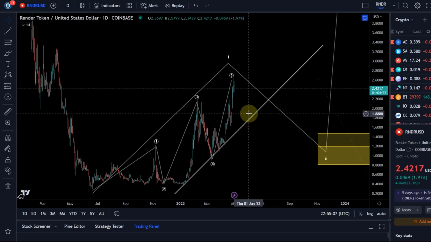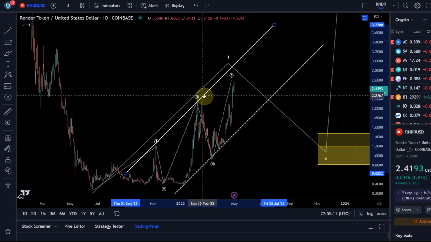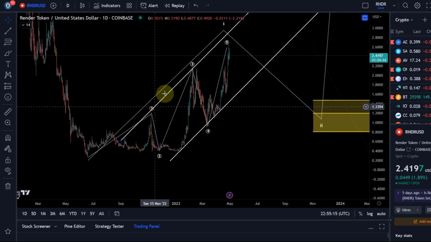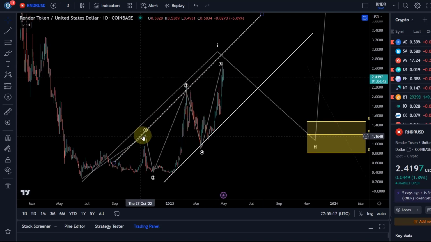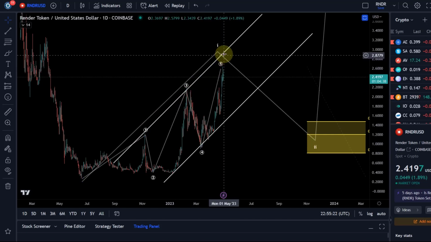Now I could make an attempt to just take a parallel line and try to find a way to connect the dots here. And this way of doing it, at least I've got 2 touch points here between waves 1 and 3. But will wave 5 really adhere to it? I don't know. There are different ways of doing this, okay? And I think we just need to be careful with these diagonals.